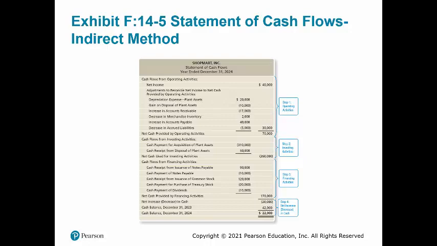And then we will add together the net cash provided by operating, investing, and financing activities to determine the net increase or decrease in cash. That amount will be added to the beginning cash balance, and then we will determine the cash balance at the end of the year. That cash balance should equal the cash that is shown on the balance sheet.